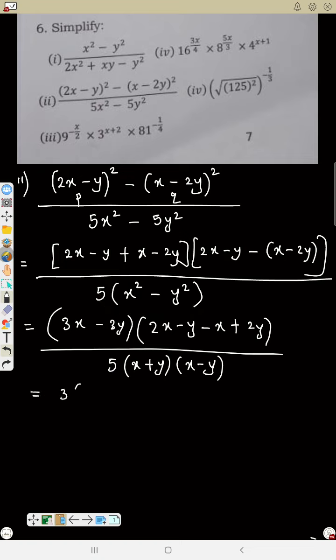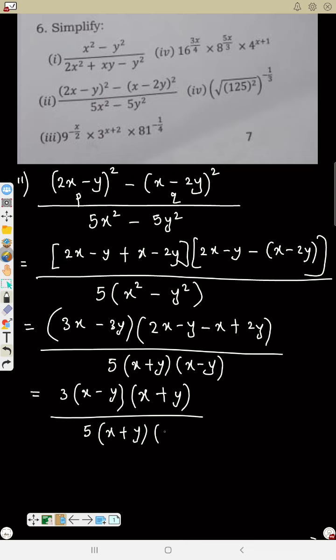Now 3 is common here, so it will be 3 brackets (x minus y). Now 2x minus x will be x, and minus y plus 2y will be plus y, divided by 5 brackets (x plus y)(x minus y).